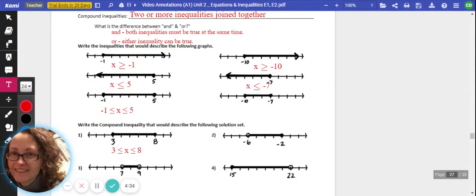So looking at the same thing for my two over here, where are they both true?